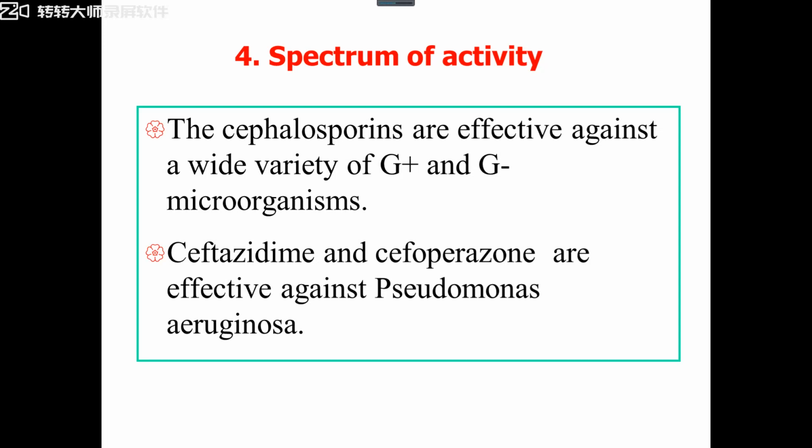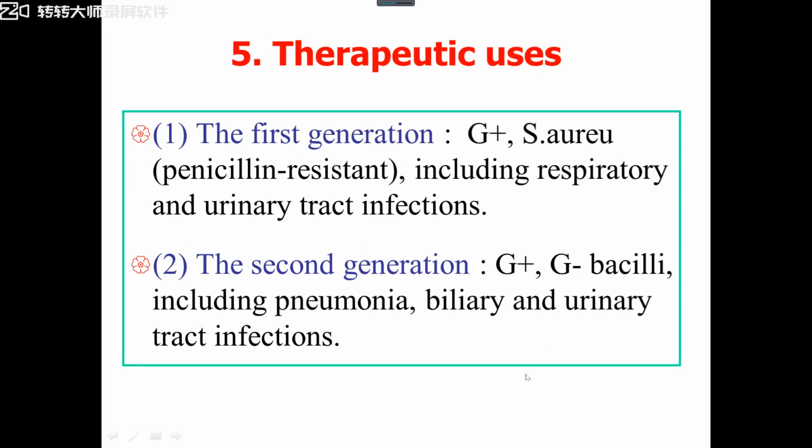Ceftazidime and cefoperazone are in the third kind, they are third generation. Okay, the third generation cephalosporins are effective against Pseudomonas aeruginosa. So for this bacterial infection, we use the third generation cephalosporins.